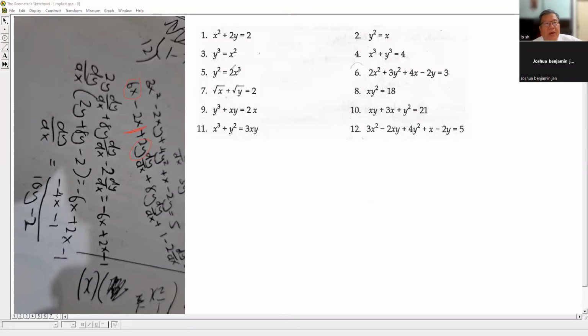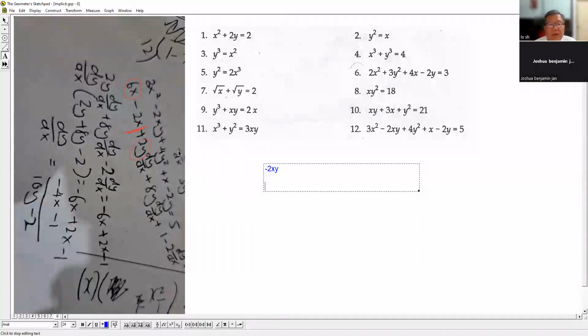Okay, let me type out again. So maybe it's not so clear. We just look at this 2xy here. 2xy minus 2xy. So when you differentiate which one, let's say you differentiate the negative 2x, it becomes negative 2, right?